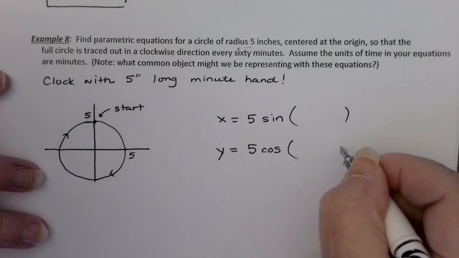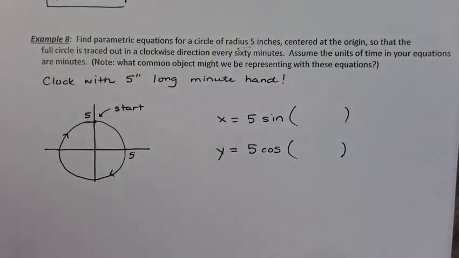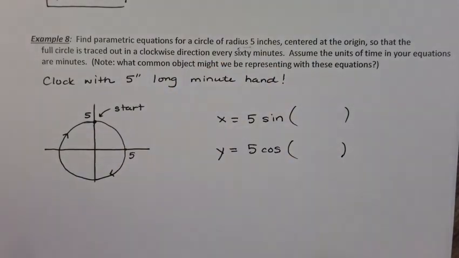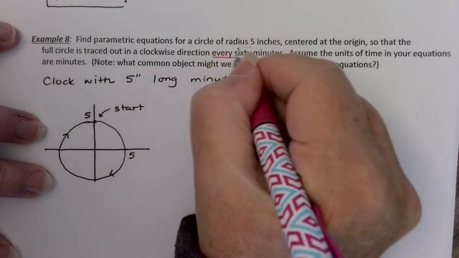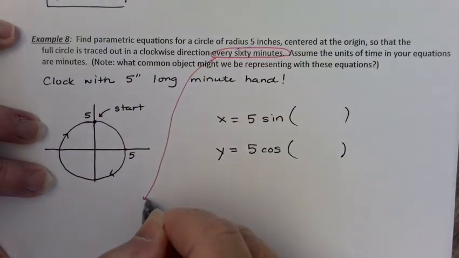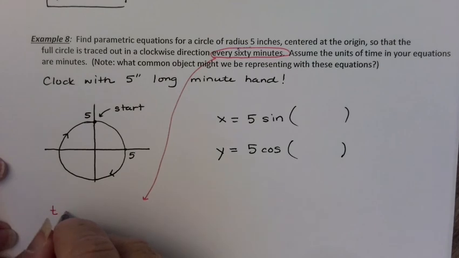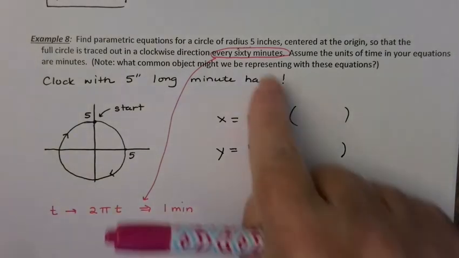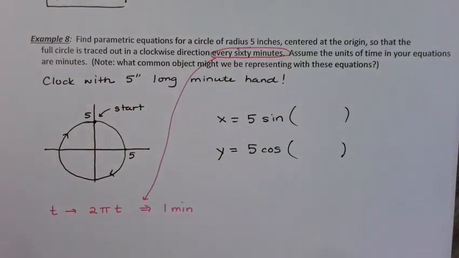All right, let's adjust for the speed or the period of motion. We know that we want our minute hand to go around once every 60 minutes. So what does that tell me? We already know that if we replace t with 2 pi t, that's going to give us 1 minute. Now I want to go 60 times slower than that. I want to take 60 minutes to go all the way around.